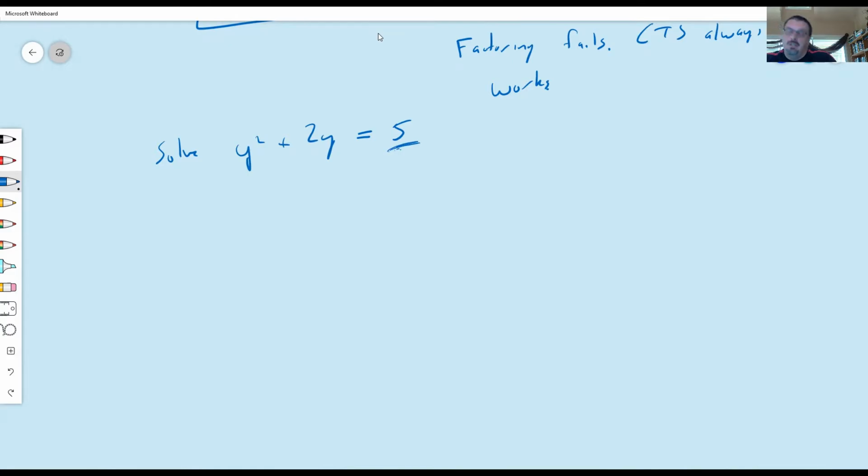I want to complete the square, which means I need the y squared and the y term all by itself. We already got that. So we're actually ready to add some value to both sides. So half of 2, right? 2 divided by 2 is 1, where I had 1 squared over here, 1 squared over here. Now I complete the square. First term gives me y, second term gives me a plus, and 1 over here, everybody squared, equals 5 plus 1 is 6.